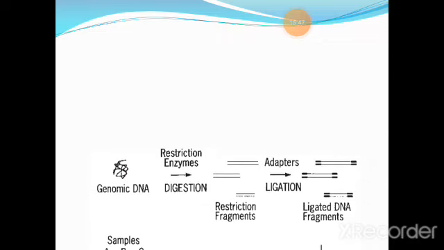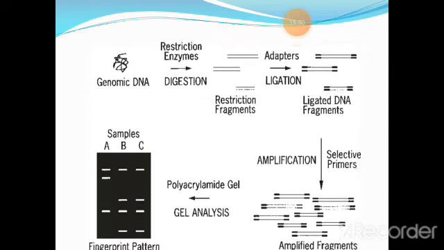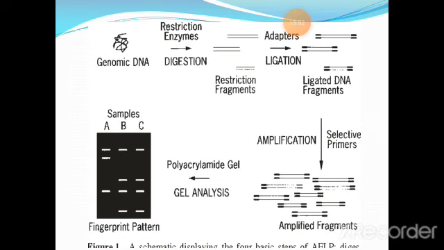This is another schematic representation briefing you about the various steps involved in AFLP. So genomic DNA, you put restriction enzymes for digestion, then you will give adapters for ligation, then you will get ligated DNA fragments, you will amplify them with selective primers, and you will get amplified fragments, and you will run them on polyacrylamide gel.